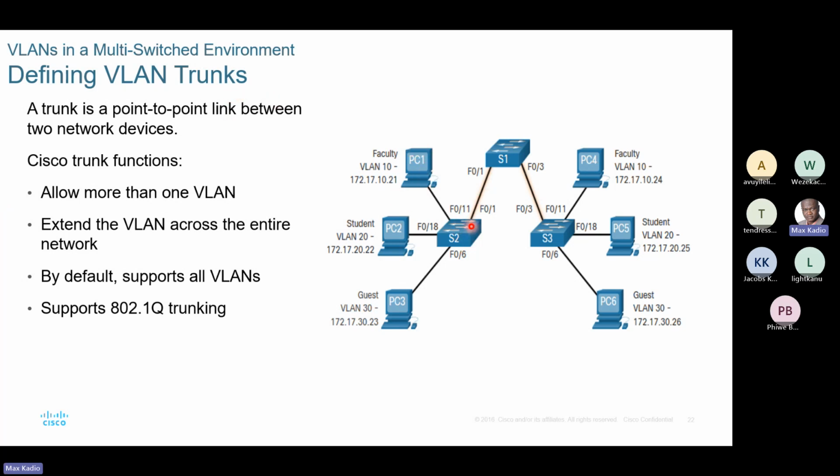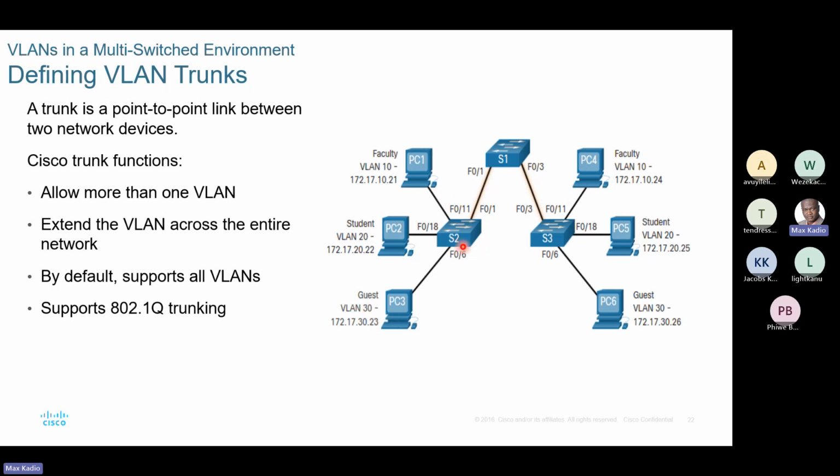If PC1 is connected to F0/11, all this data is from VLAN 10 only. PC2, all data is for VLAN 20 only. F0/6 will receive data from VLAN 30 only.